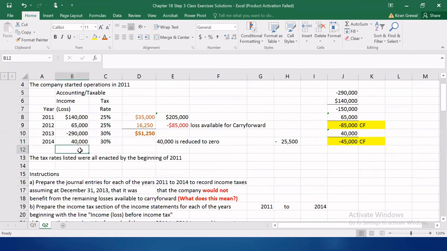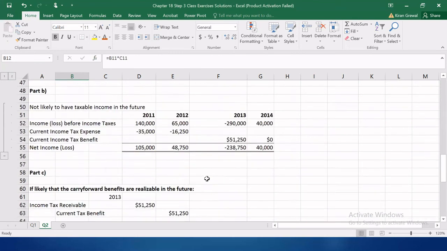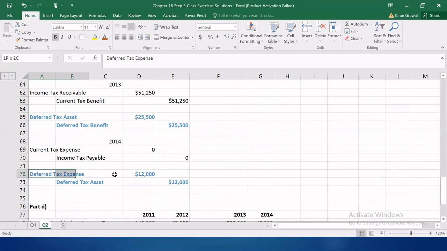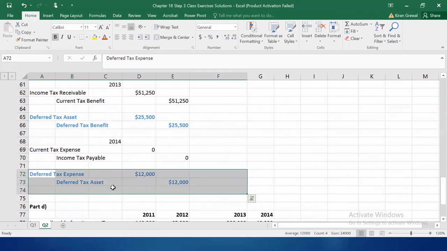Since we used up the 40,000 times the 30%, we used up $12,000 of this. So we only get rid of $12,000. Debit deferred tax expense, credit deferred tax asset, $12,000.